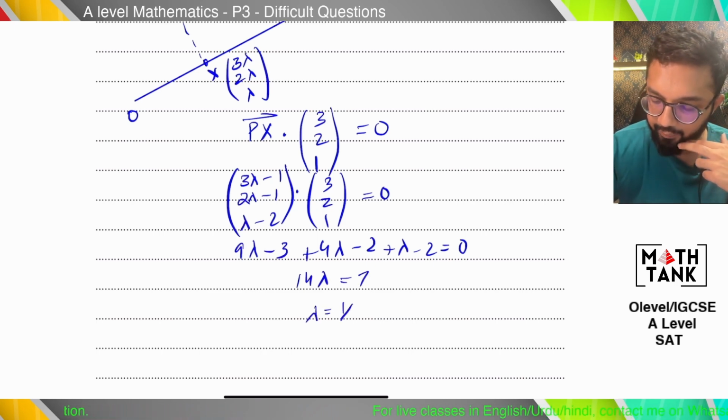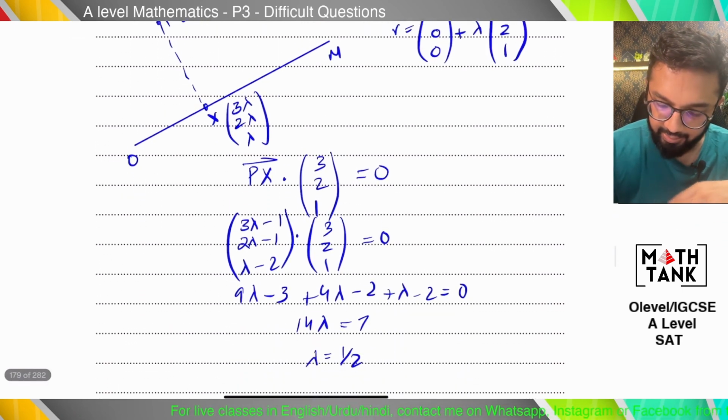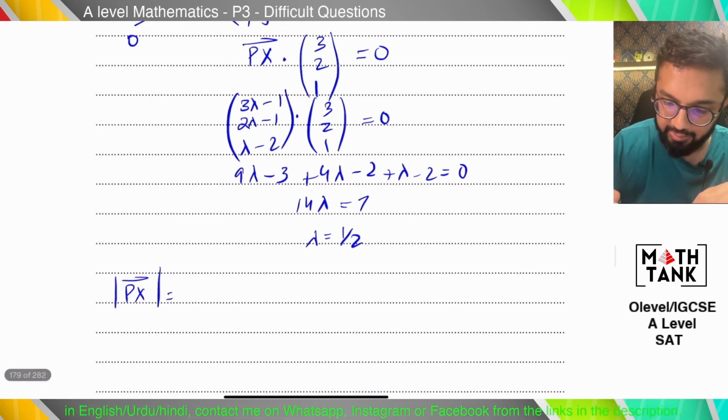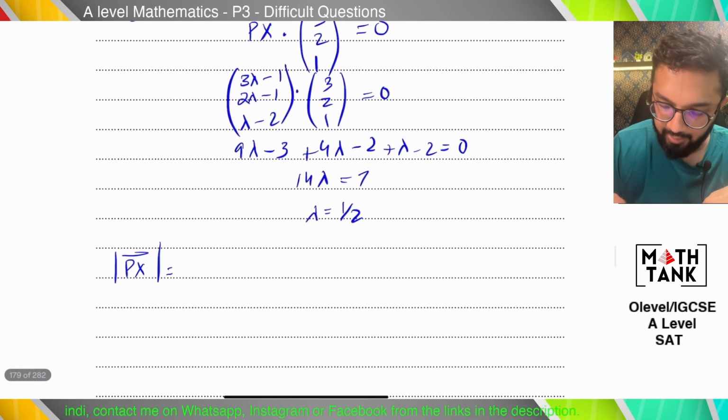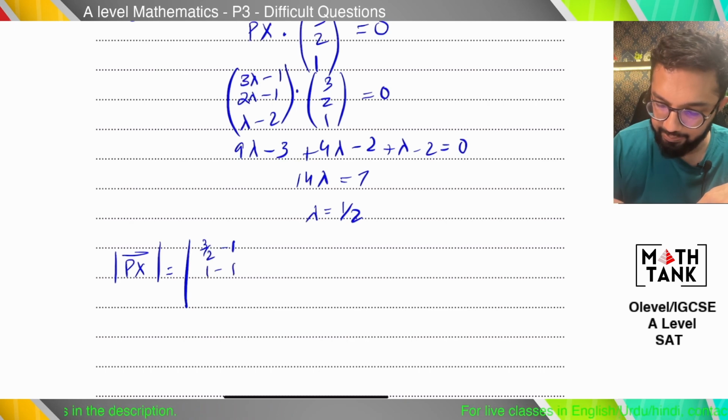So lambda is half. Okay, if lambda is half, find the exact length of the perpendicular. So I'm asking you to find the length of PX. Okay, PX is going to be 3 lambda minus 1, so 3 over 2 minus 1, 2 lambda minus 1, so that's 1 minus 1, and half minus 2.